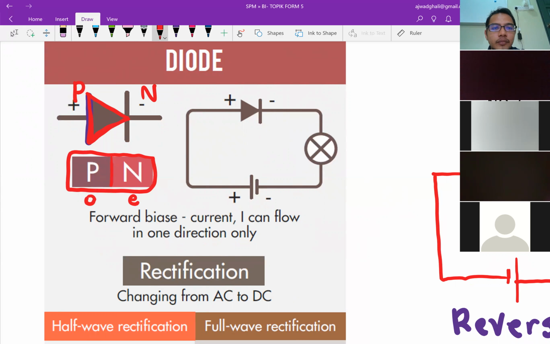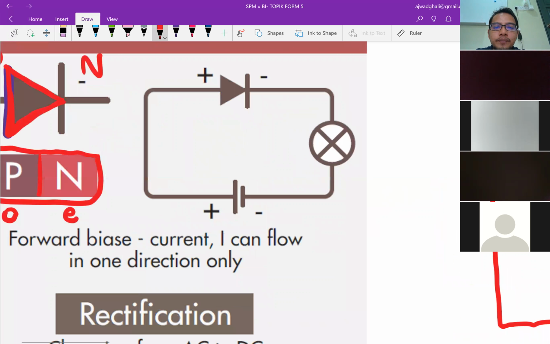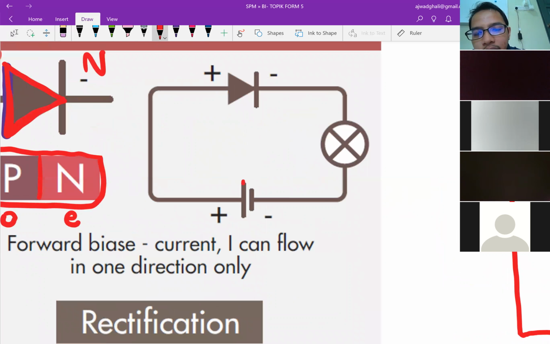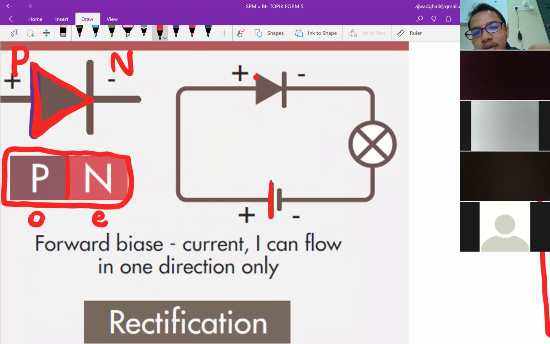So to arrange a diode, you need to arrange it in this way. The positive battery terminal needs to connect to the p-type. In order to make sure the current can flow, it's easy. You know this is a battery. Current always flows from positive.